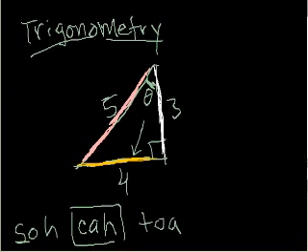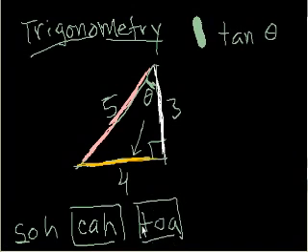Okay, one left, the TOA. So if you remember what I said a little while ago, well, we'll figure it out. But look how big that is. What is the tan of theta, or the tangent of theta? Well, let's go back to our mnemonic. TOA, right? TOA is for tangent, or T for tangent.